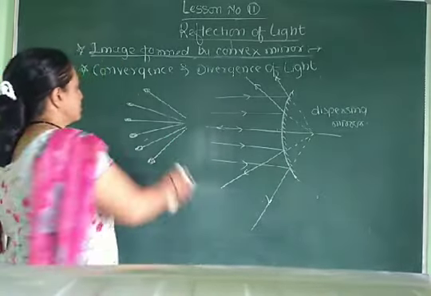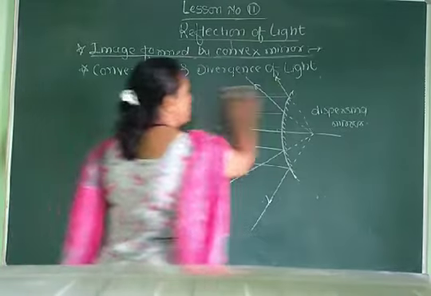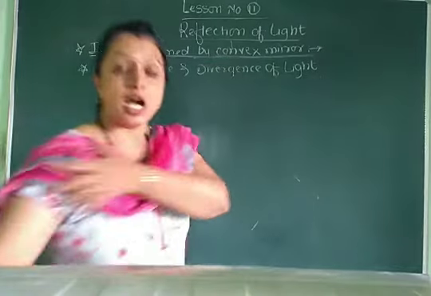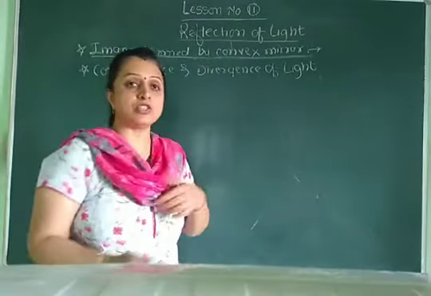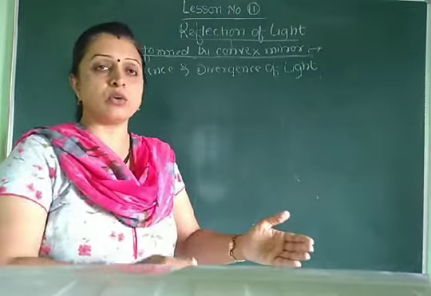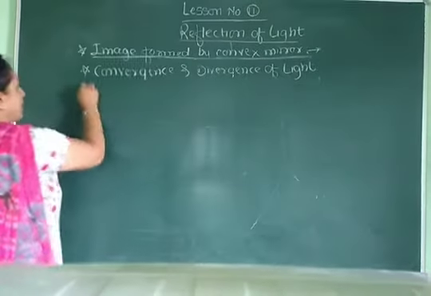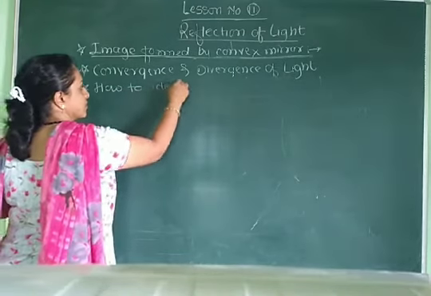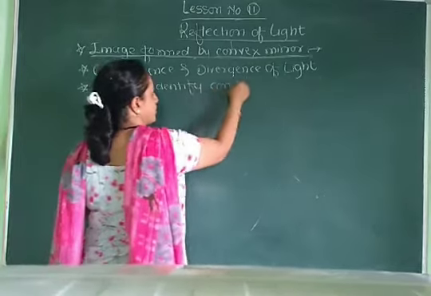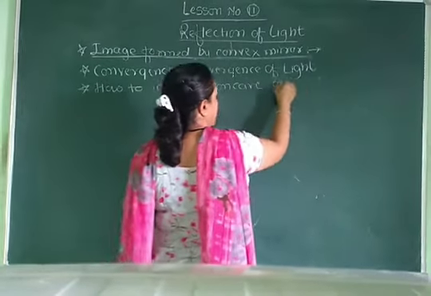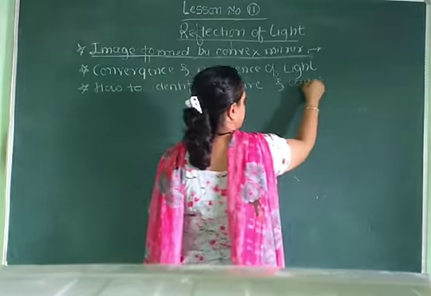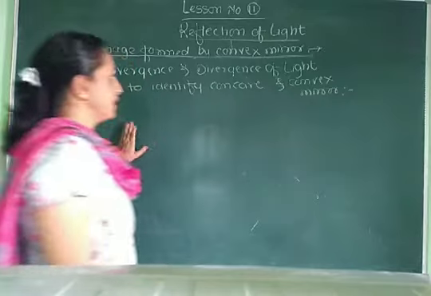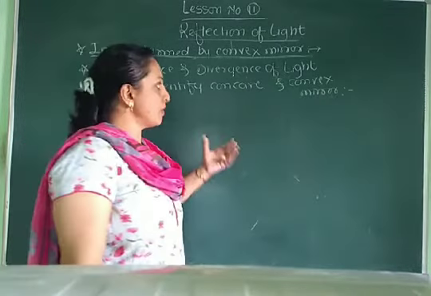Now we have completed these two topics, and there is one more topic that I have to teach you, which is how to identify the nature of the mirror, whether it is a concave mirror or a convex mirror.